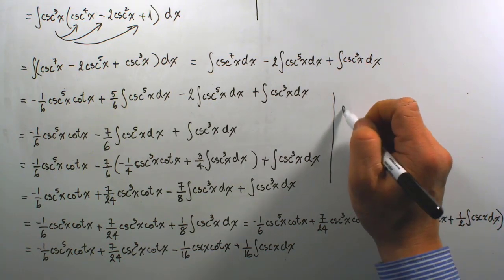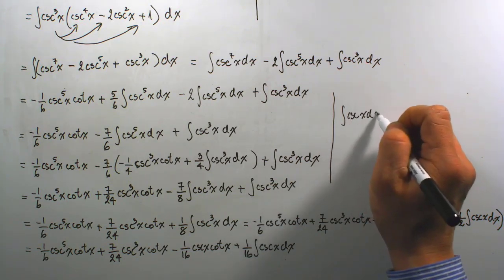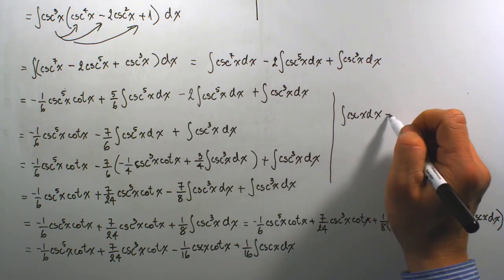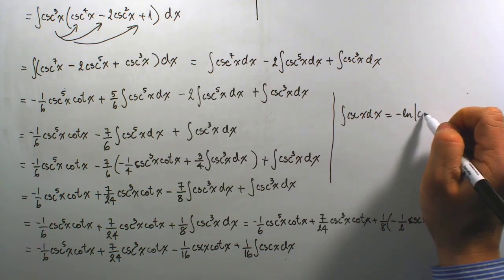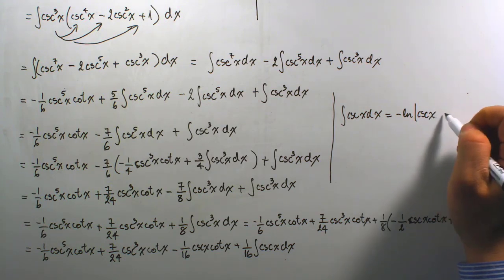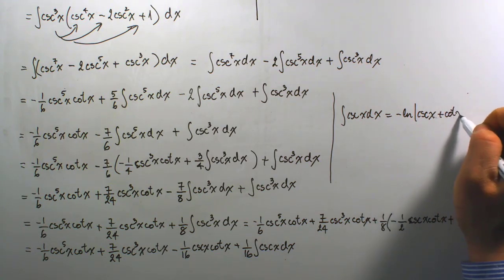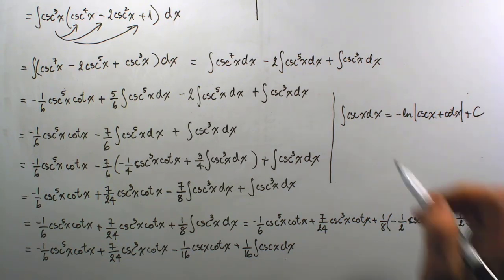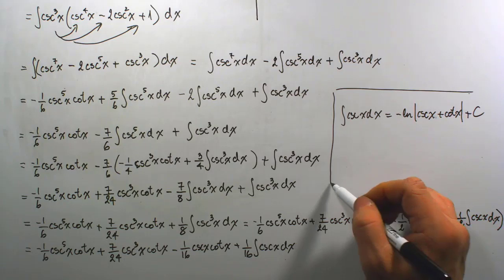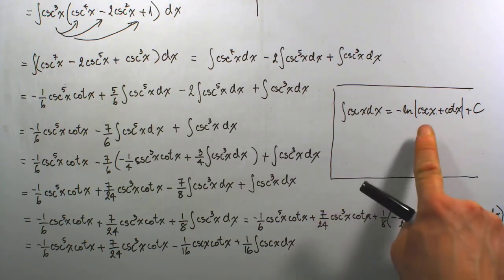The integral of cosecant of x can be simply minus natural log of cosecant of x plus cotangent of x in absolute value plus c. And so in that way, this integral in the next step will be just that.